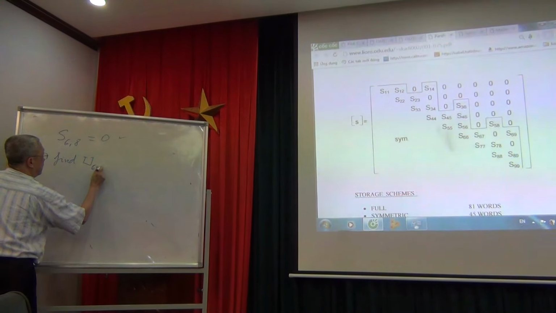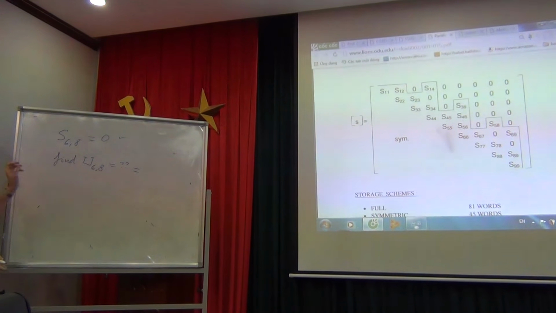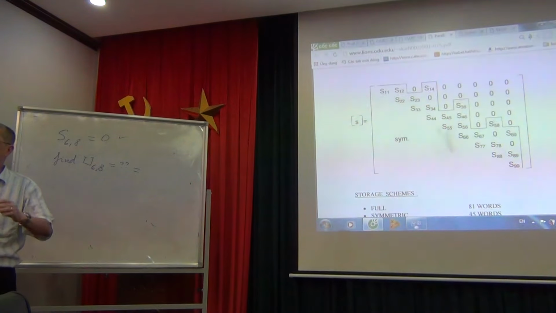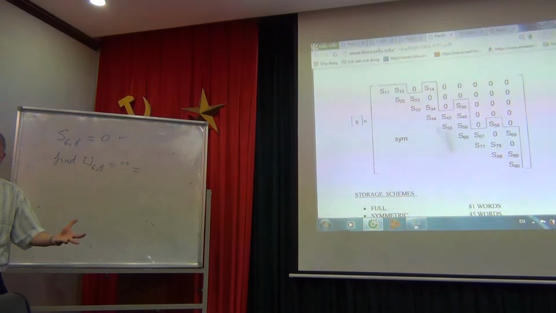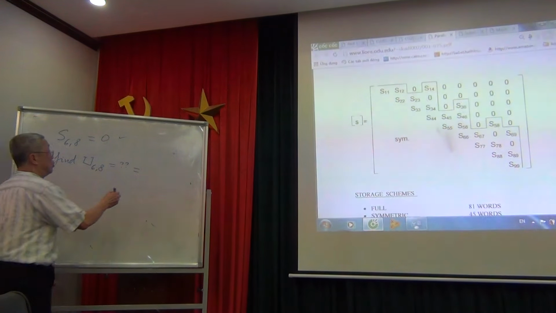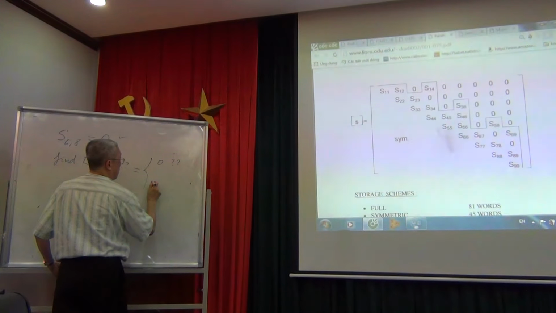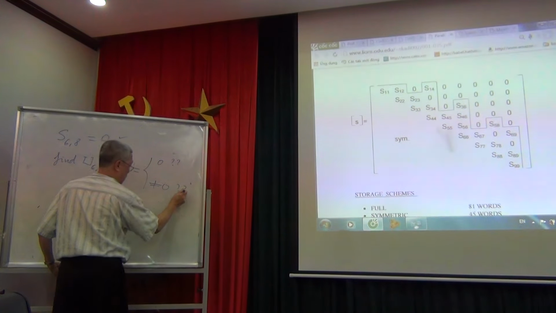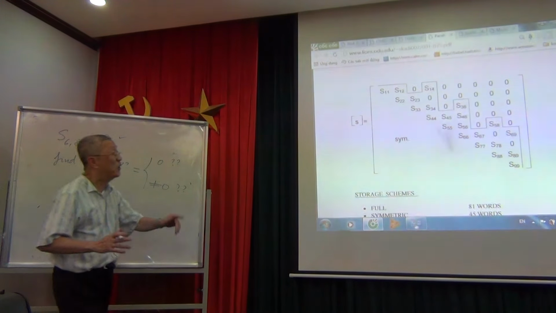U68 equal to what? Again, I don't care if it is the actual value, it's not important. I just want to know, is that 0 or non-zero? So what do you say? 0 or non-zero? Non-zero. Let's see.